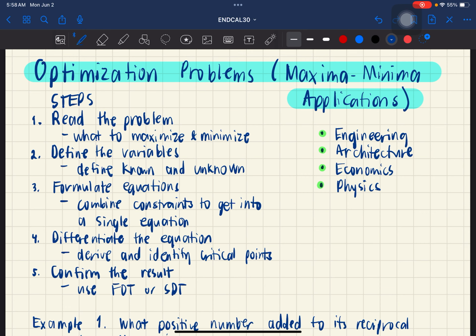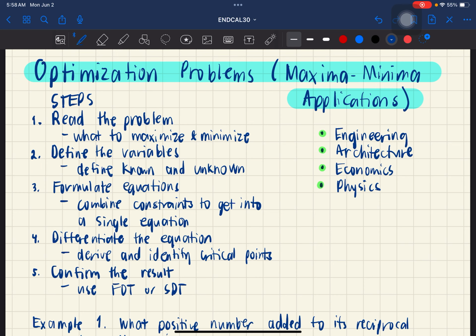In economics, we either maximize the profit or minimize the cost of a certain product. And also in physics, the applications vary, but mainly it focuses on the minimum and maximum value, which we will be applying here.